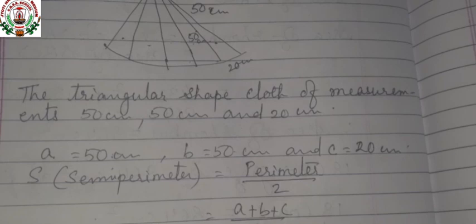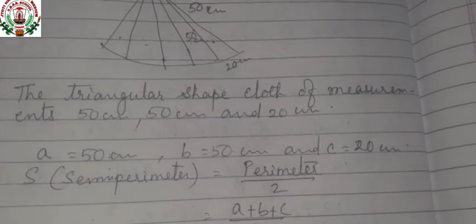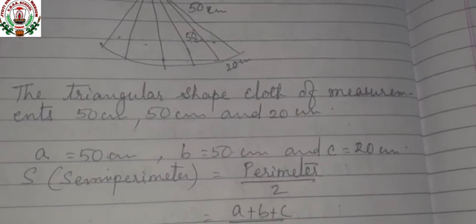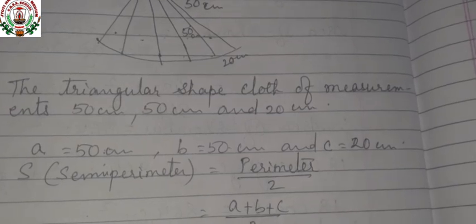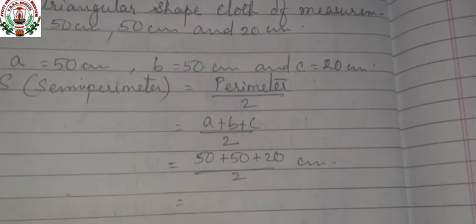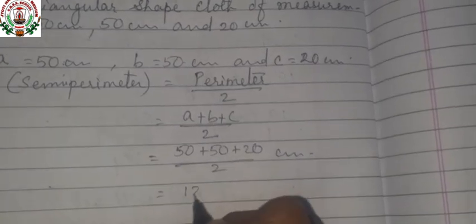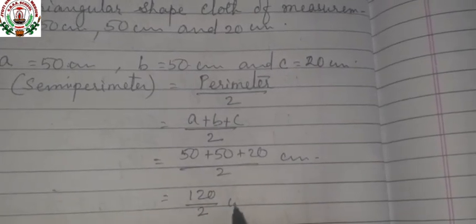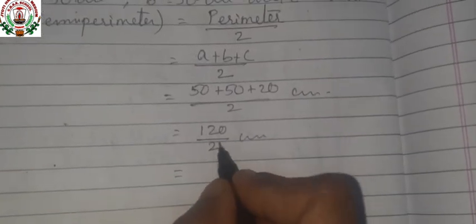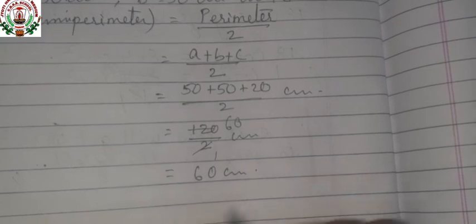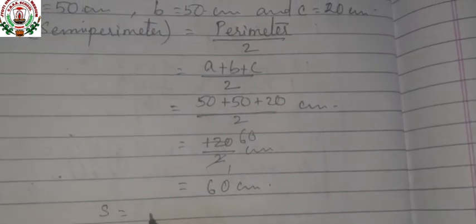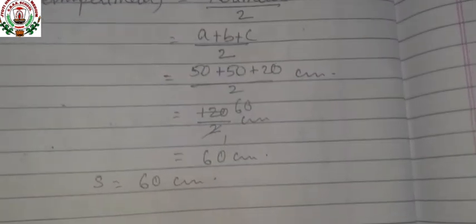That is 50 plus 50 plus 20 upon 2 cm, because the unit is cm. 50 plus 50 is 100, plus 20 is 120, upon 2 cm. On dividing we get how much? 60. So S equals 60 cm.